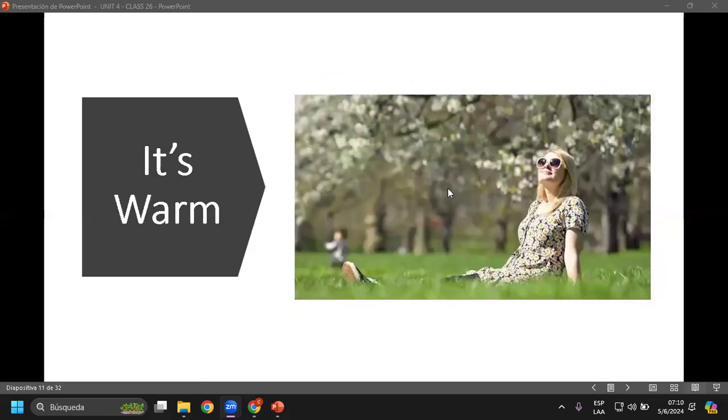So warm is in the middle, okay? Warm is not hot, but not cold. It's in the middle, okay? Yeah, we can say like cálido, okay? So it's not that cold, but it's not so hot. It's like a very nice temperature, okay?